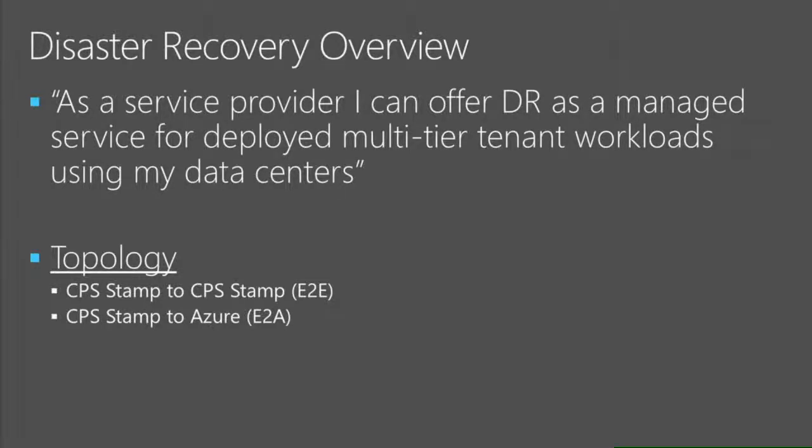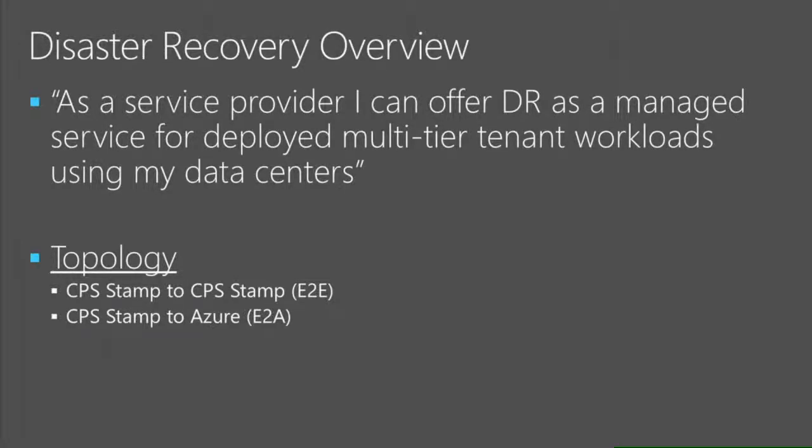As I talked about before, disaster recovery is built into CPS, so we're leveraging Azure Site Recovery. And we're providing two options. The one that is currently available is what we call E2E, enterprise to enterprise. That allows you to replicate virtual machines between two individual stamps.